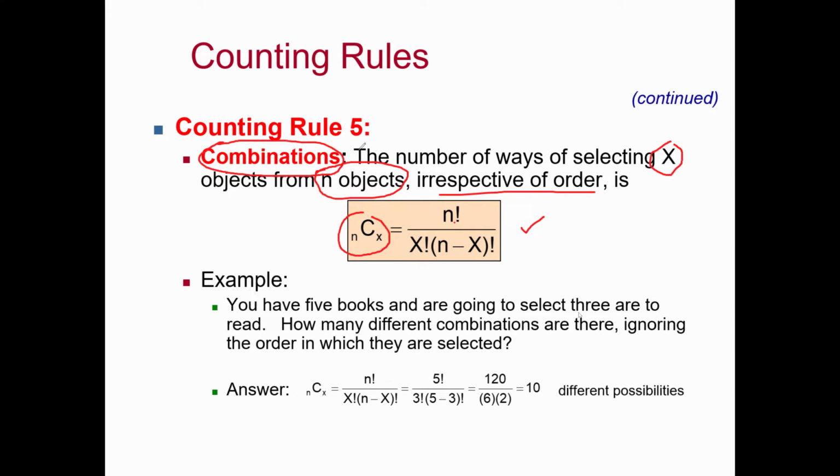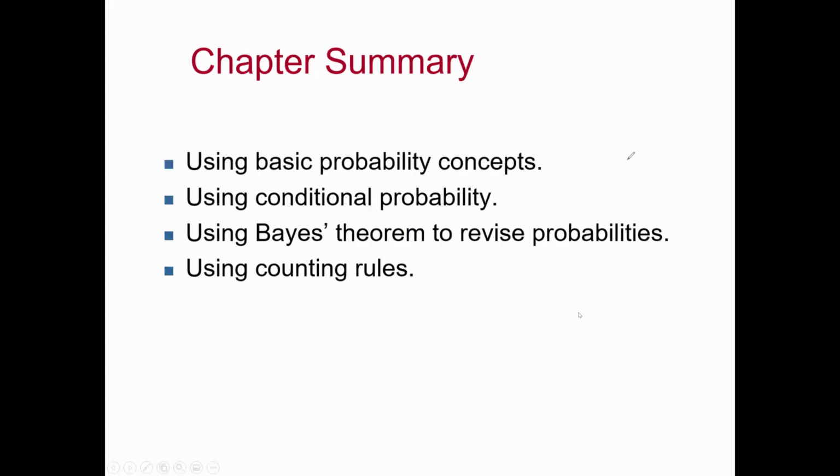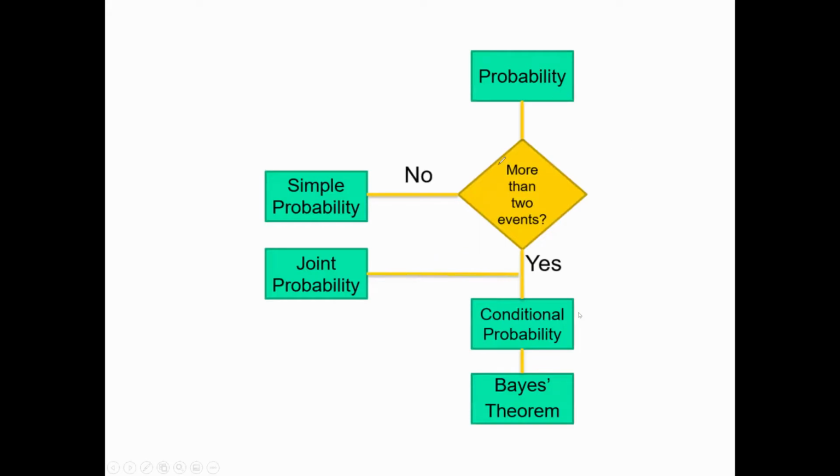So we can see the example here. I move on from here. Okay, so we have looked into the summary. The essence of probability which we have seen is, whether we are dealing with one or two variables: if you are dealing with one variable, we are dealing with simple probability.